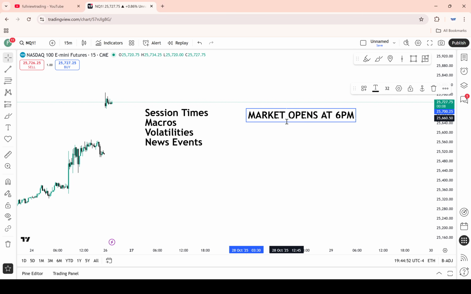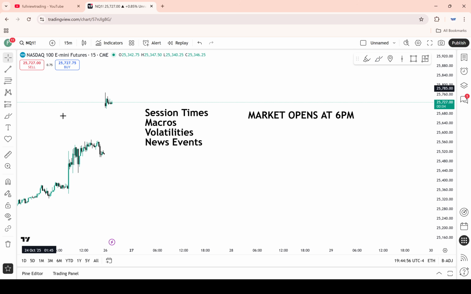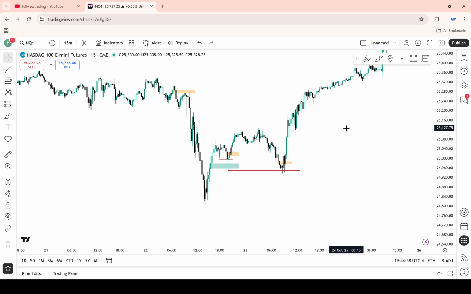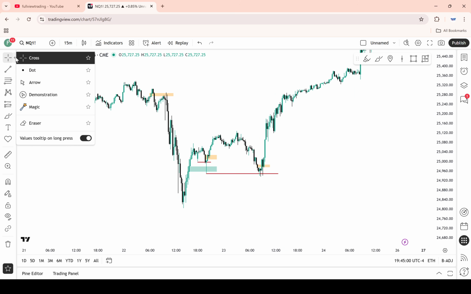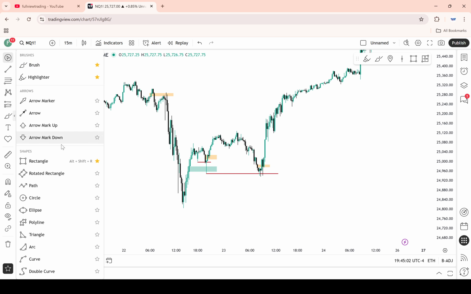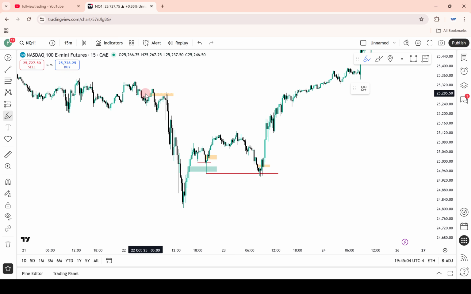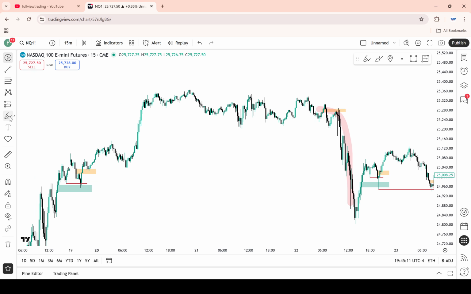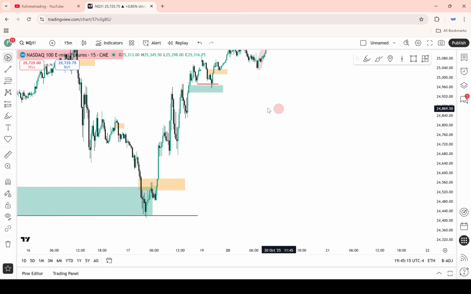Now, the main things you've got to keep in mind with session times and volatility is this. And we can have a look at this on the charts that I've previously marked out for you guys. You can see visually that the market moves a lot more in the New York AM session. If you just go back in price and mark out all the massive moves, the ones that are really obvious, not all, but most of these moves happen in the New York AM session.